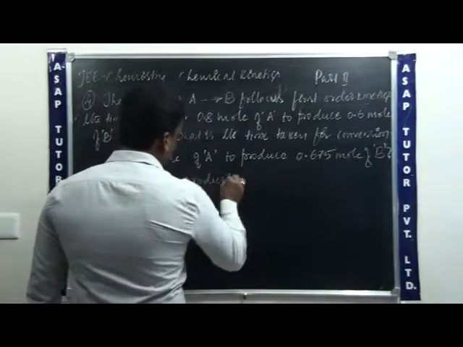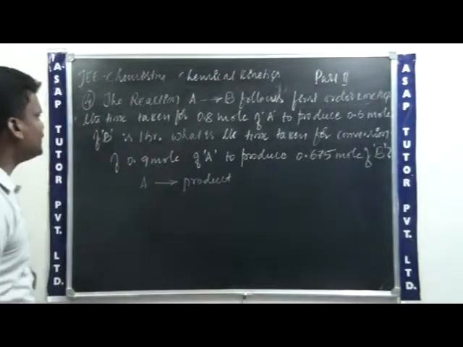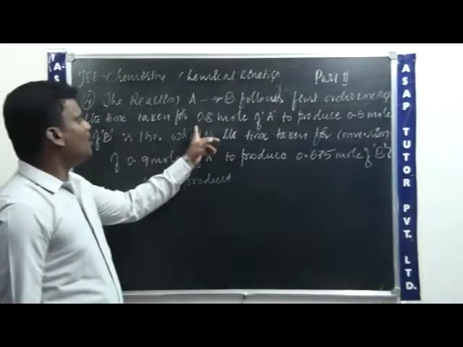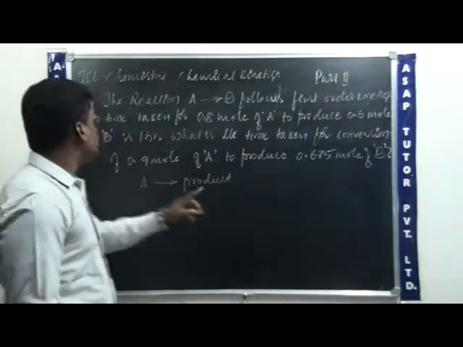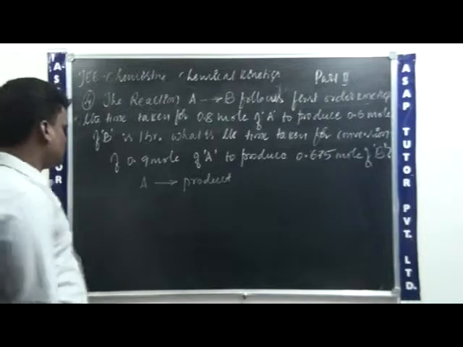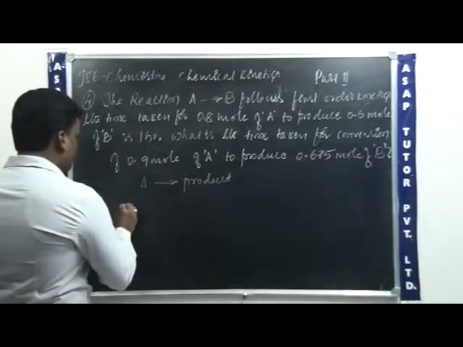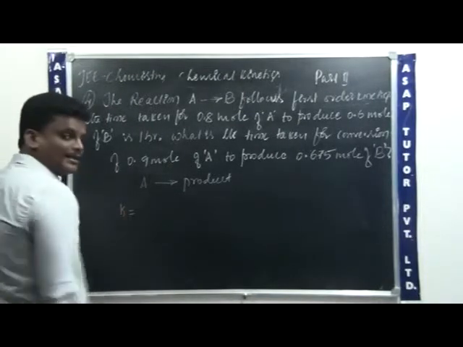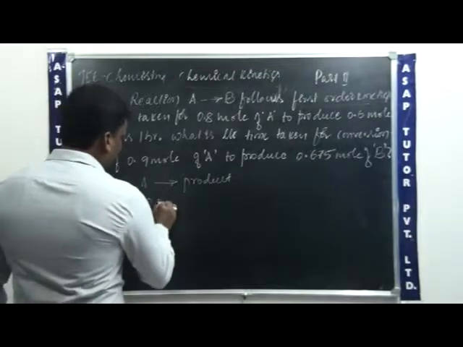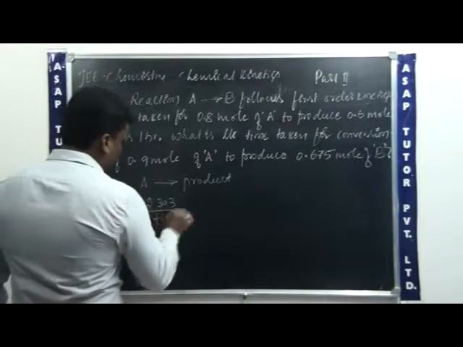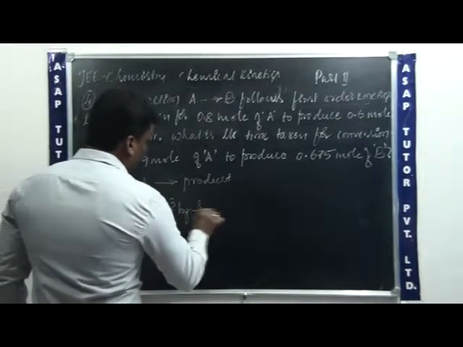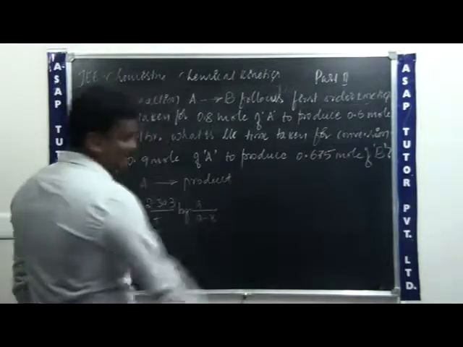So here, 0.8 mole of A to produce 0.6 mole of B. Now I will write the formula to find the rate constant of first order kinetics. K is equal to 2.303 divided by T into log of A divided by A minus X.